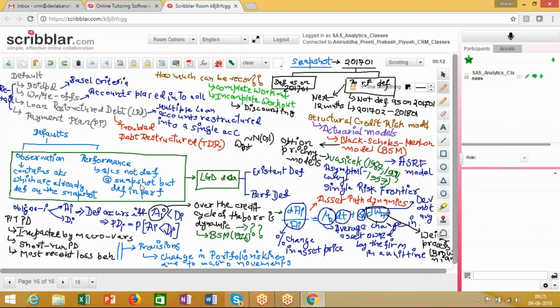And later, this framework was used by Vasicek in 1987 to create a framework which is known as the asymptotic single risk factor model. It showed that there is only one source of risk which impacts the risk both at the portfolio and at the account level. It is this model which ensures that at portfolio level, you can do account level aggregation.